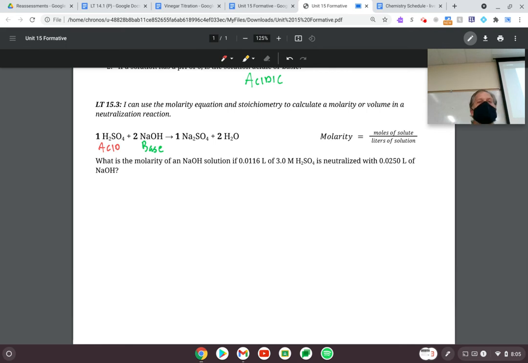So in this problem, the first thing I'm going to do is find the moles of acid.